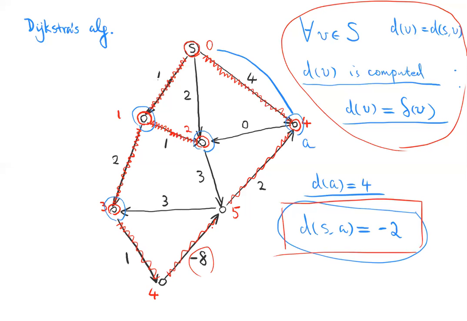Once we have this problem, even the distance from s to B, d(s,B), is not 2. It's also -2, I think, right? Because the shorter path actually goes this way. So what does that mean? That means the Dijkstra algorithm actually does not work correctly. So what is wrong?